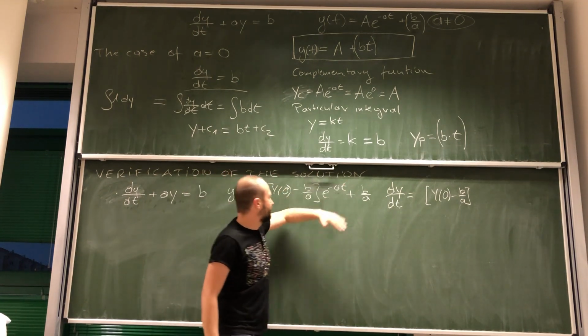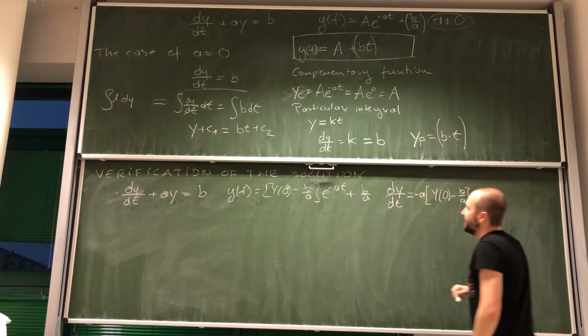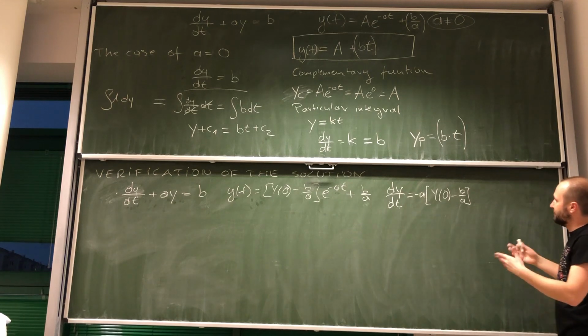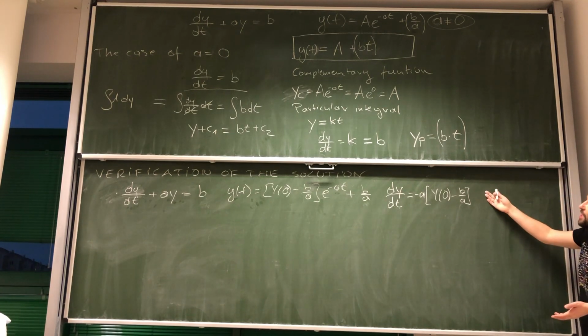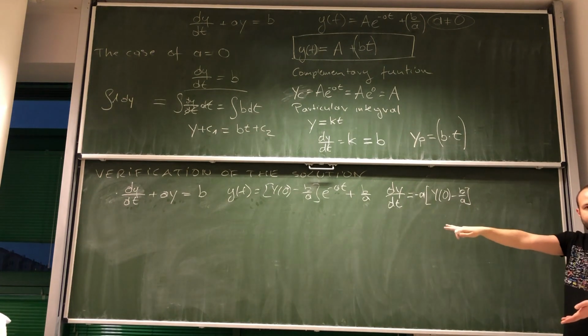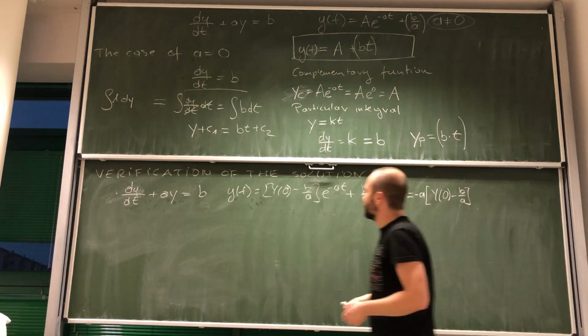In this case, the derivative is negative a. And now, this is a constant, so in differentiation, it's gone. Okay, and now we've got the function and its derivative. Now we can substitute them both into the equation and make sure that the solution works.